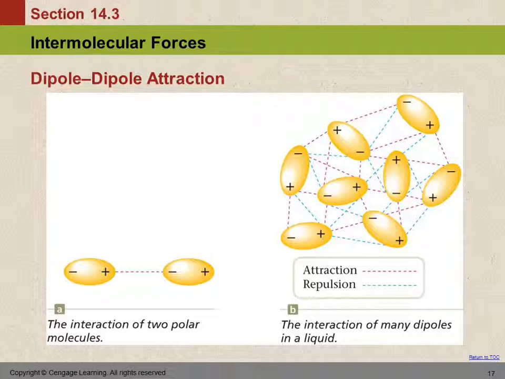And so you get more and more agitated until finally you just can't sit in your chair anymore, and you get up and mill about the room. And that's a liquid. If there's enough kinetic energy, then they will be able to break these little forces of attraction and move around. But as soon as one breaks, it's going to form another one. So they're allowed to mill about, but they can't fly away from each other as in the gas state.